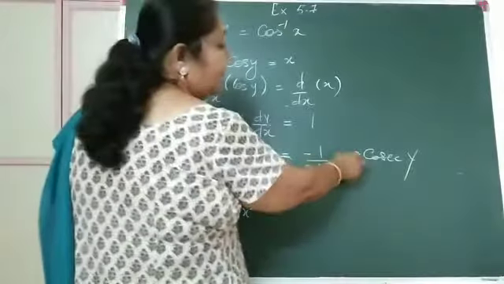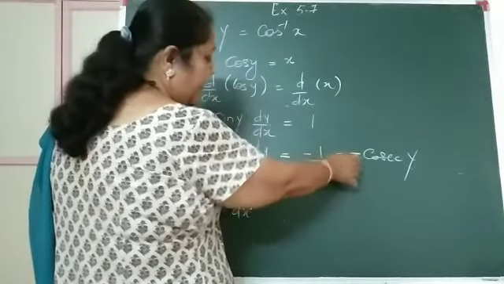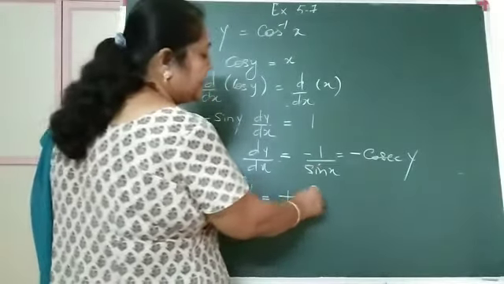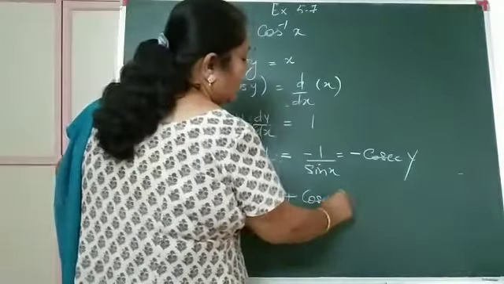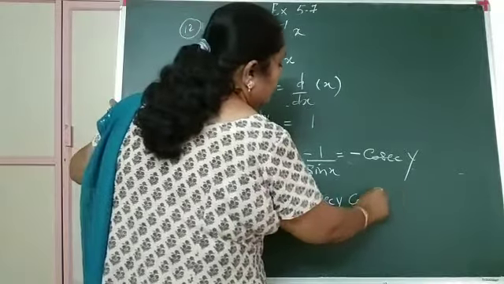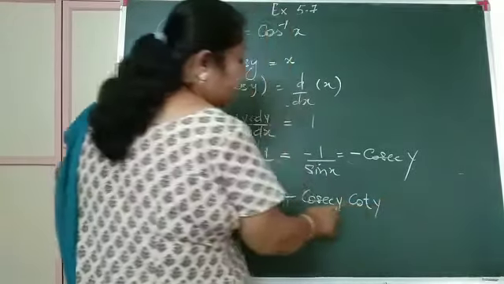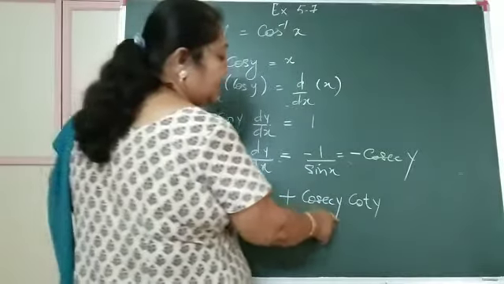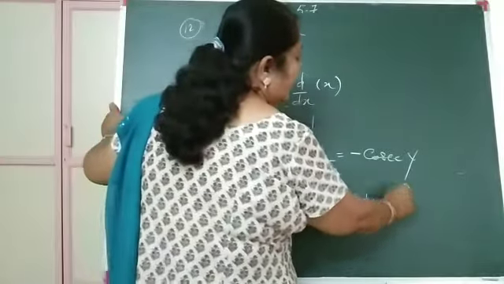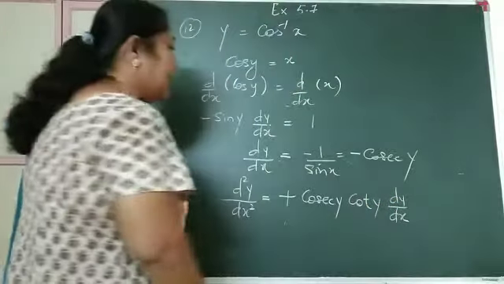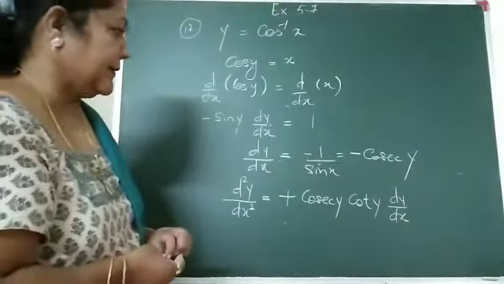So now this one minus sign is already there, and again the formula's minus sign will come, so it will become plus, and the answer will be cosec y into cot y. And because this variable is not a simple x term, I have to differentiate it one more time, that is into dy by dx.